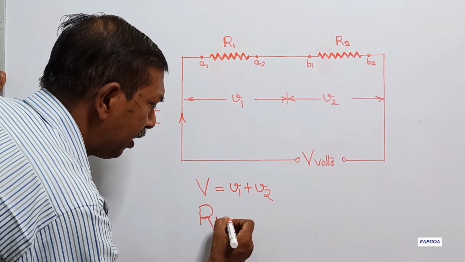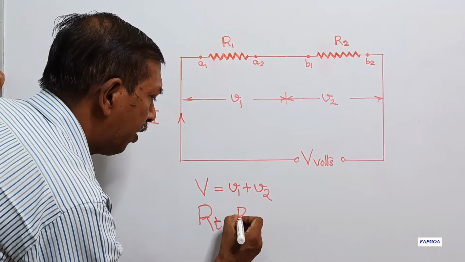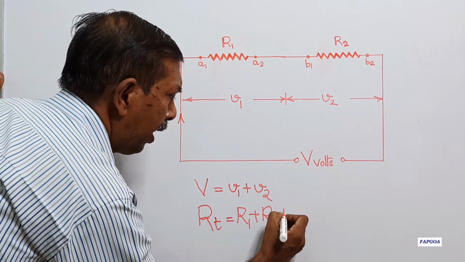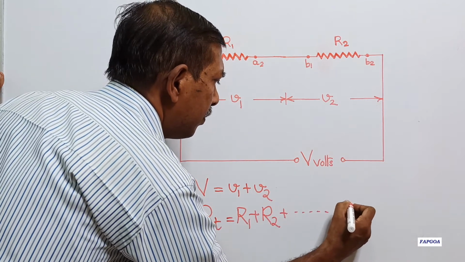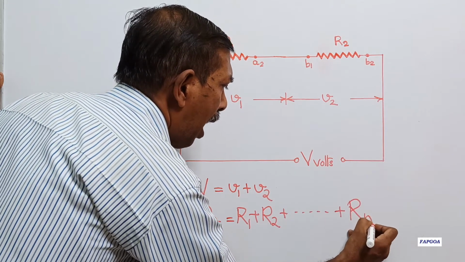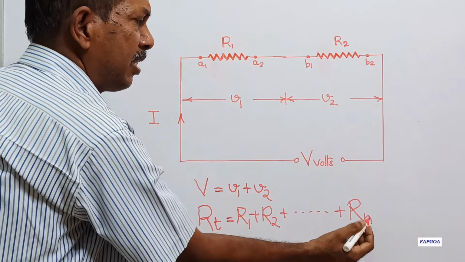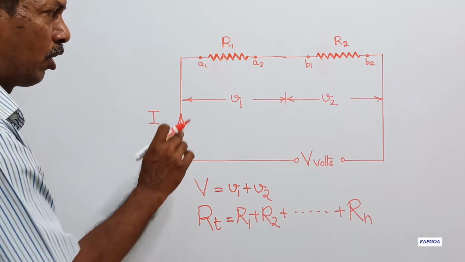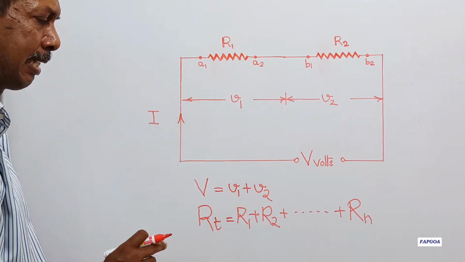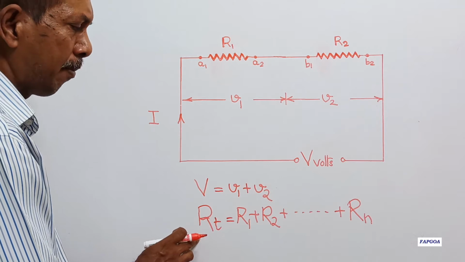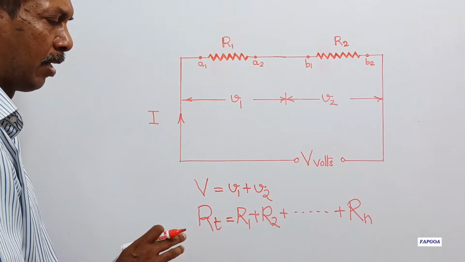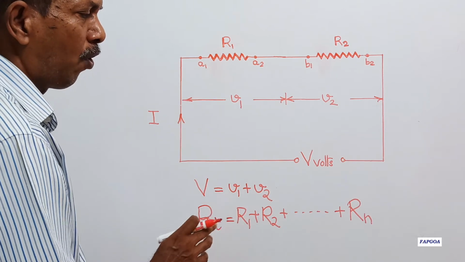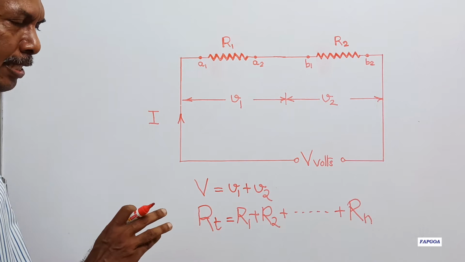So RT is equal to R1 plus R2 plus Rn. So Rn stands for the last resistance in a series circuit. So the total resistance in a series circuit is calculated by using this formula. That is, total resistance is equal to the sum of all the individual resistances.